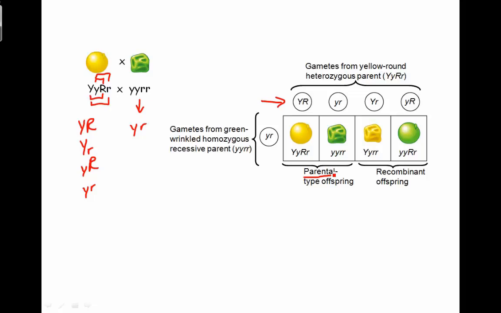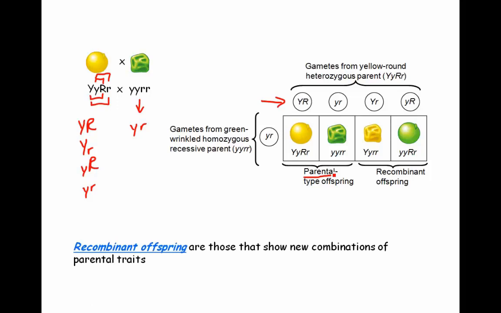We also have some offspring with new combinations of the parent traits, such as yellow wrinkled and green round. We call these the recombinant offspring. So we divide the offspring into two groups based on the combination of traits they have, and the recombinant ones have new combinations that we haven't seen before.